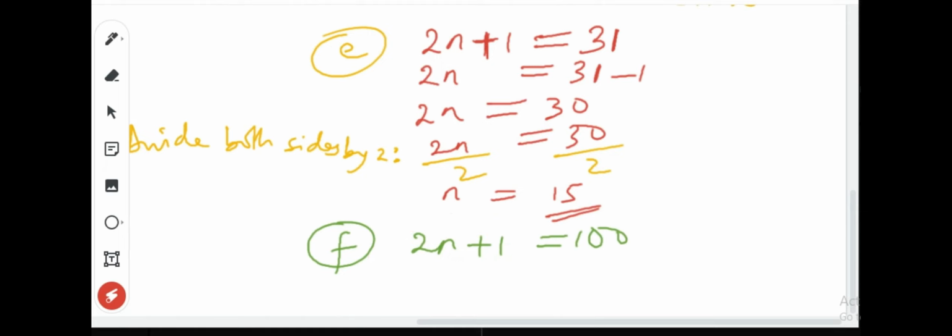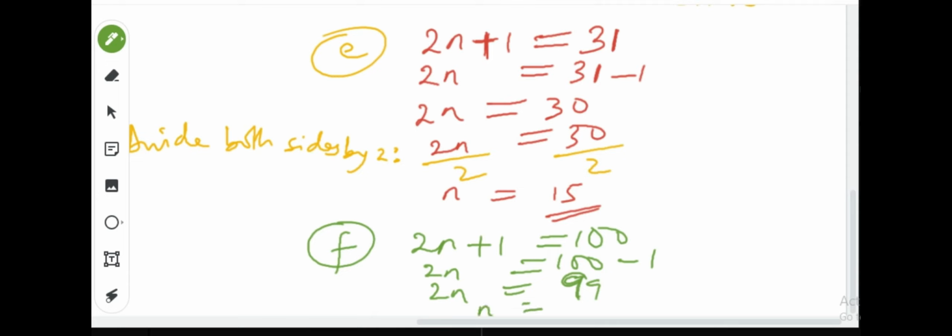Let's solve it. So we're going to have 2n plus 1 crosses over to the right hand side, becomes 100 minus 1. So 2n is equal to 99. And when we divide both sides by 2, n will be equal to 49.5.